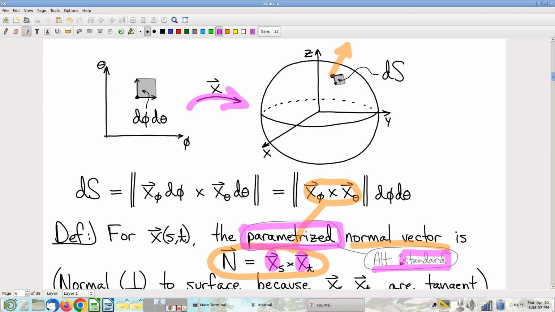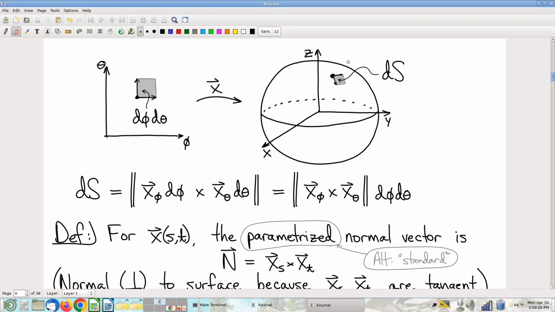They'll all be perpendicular, but they'll all be different vectors, perhaps, all for the same surface. So to me, the word standard here is a little bit dangerous, a little potentially misleading. So I like to call it the parameterized normal vector to indicate that it comes from the parameterization. And I think that's a natural choice of words. Okay, so parameterized normal vector, capital N.